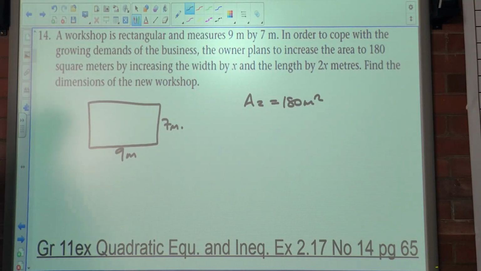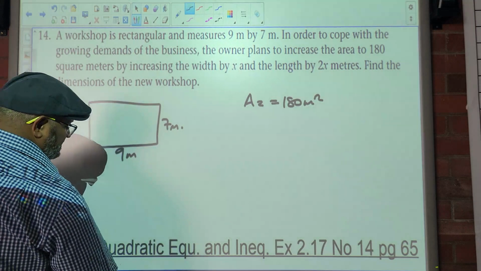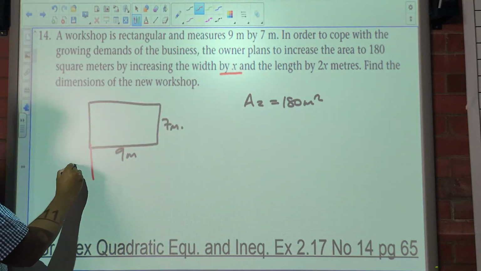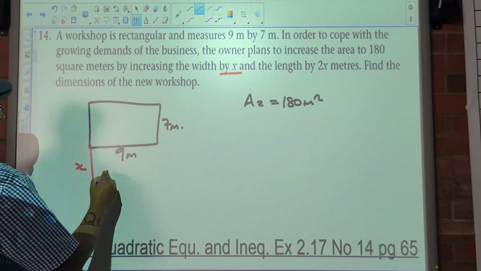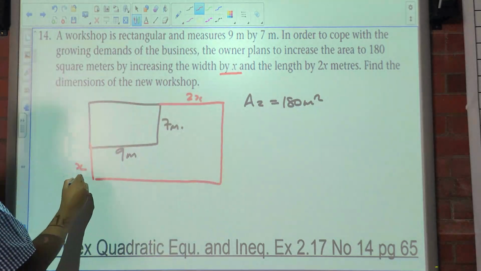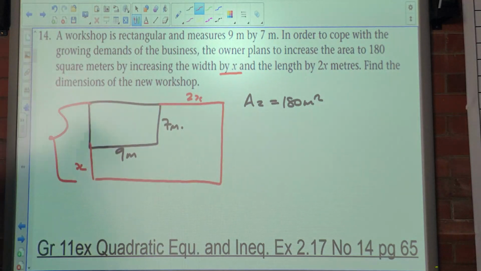By increasing the width by x, and the length by 2x. So what is that length then?